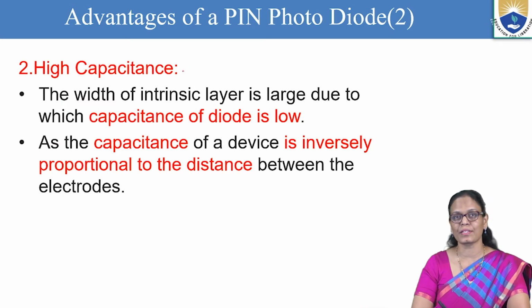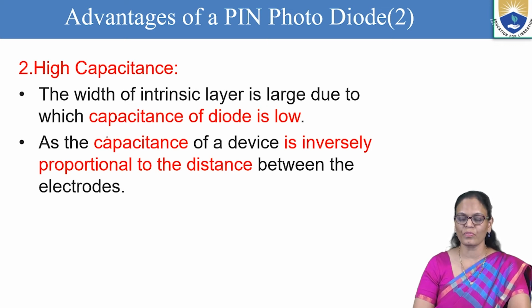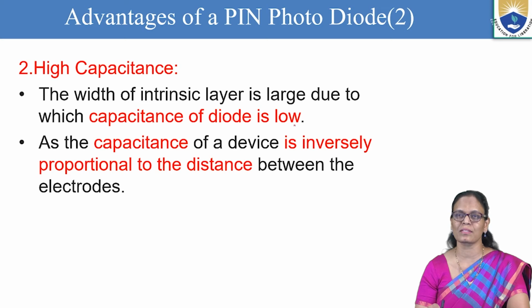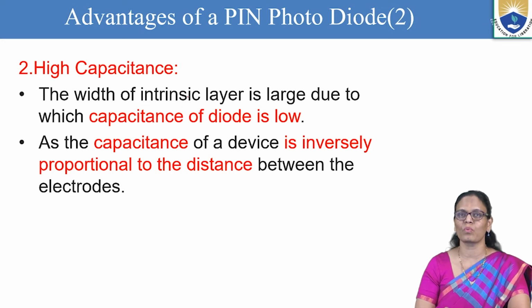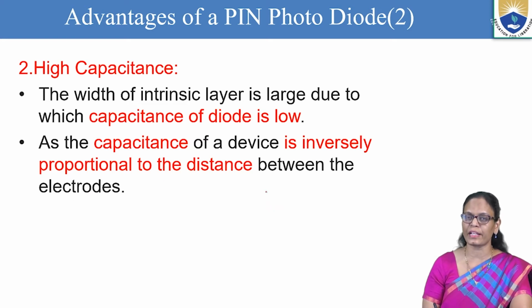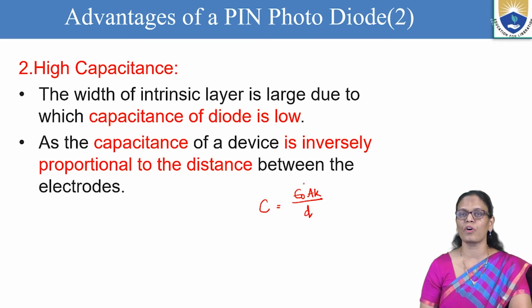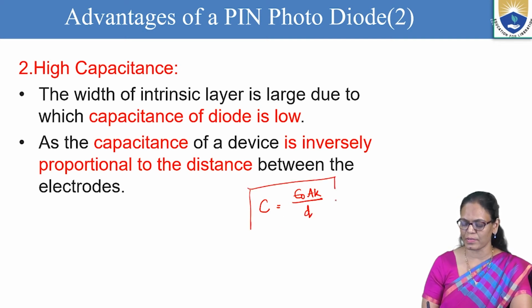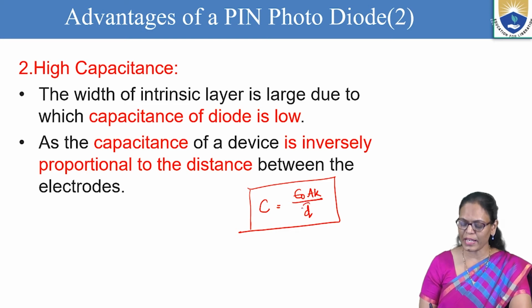Then comes the capacitance. The width of the intrinsic layer is large, due to which the capacitance of the diode is low. How does this matter? How does the width of the depletion layer affect the capacitance? Because the capacitance is inversely proportional to the distance between the electrodes. The general formula we use for capacitance is C = ε0 A K / D, where D is the distance between the plates and C is the capacitance.